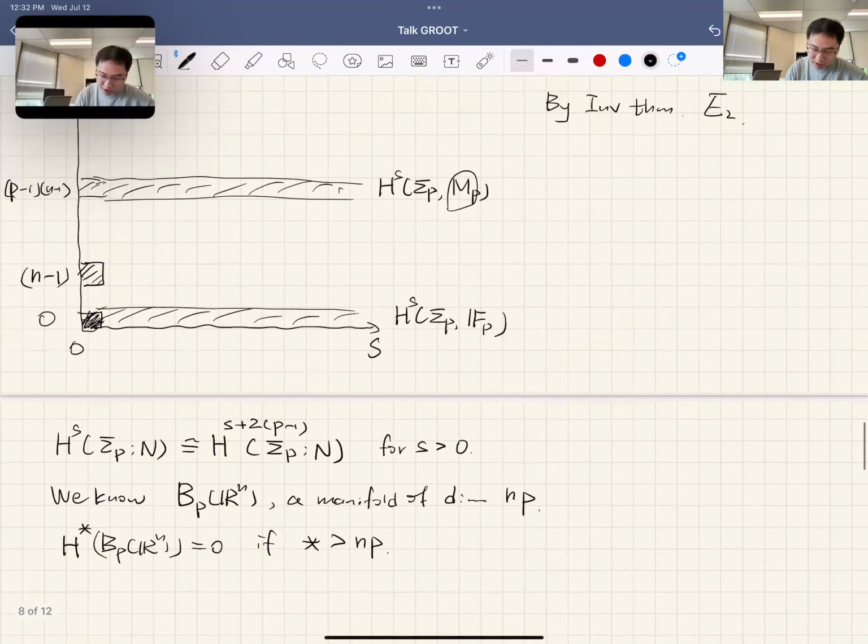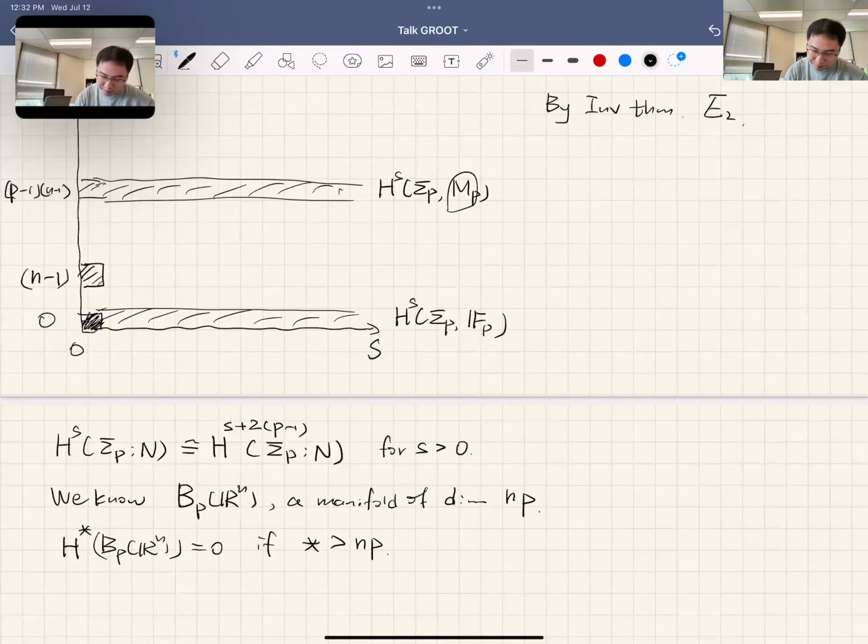And if we observe the E2 page here, we know that for large degree, the only thing that can make the final page 0 is that this differential here, if I call it dr, must be an isomorphism. Okay, by the porosity theorem, we can actually push this isomorphism to a small degree.